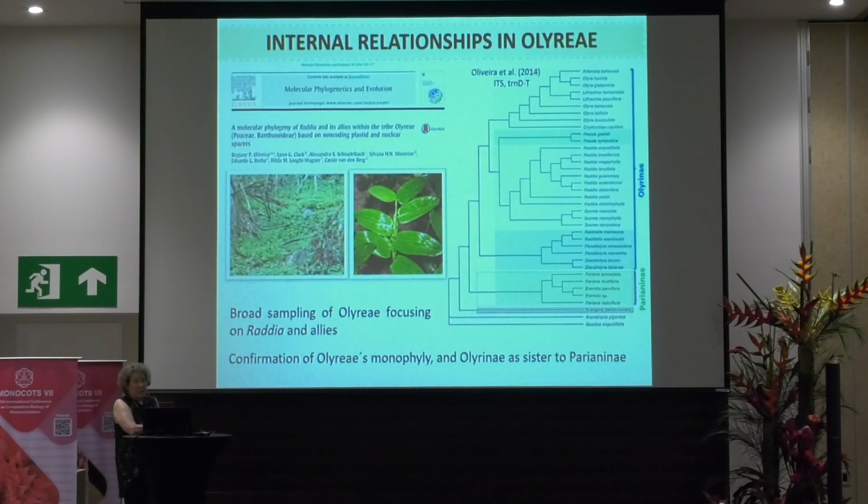So there's been some more recent analyses with much more sampling, and that relationship of Brasilochloa being sister to everything else has continued to be there. Olyreae is monophyletic, and we got the signal here that Parianinae, which is this one clade here, is sister to the Olyrinae, so that's the other subtribe.